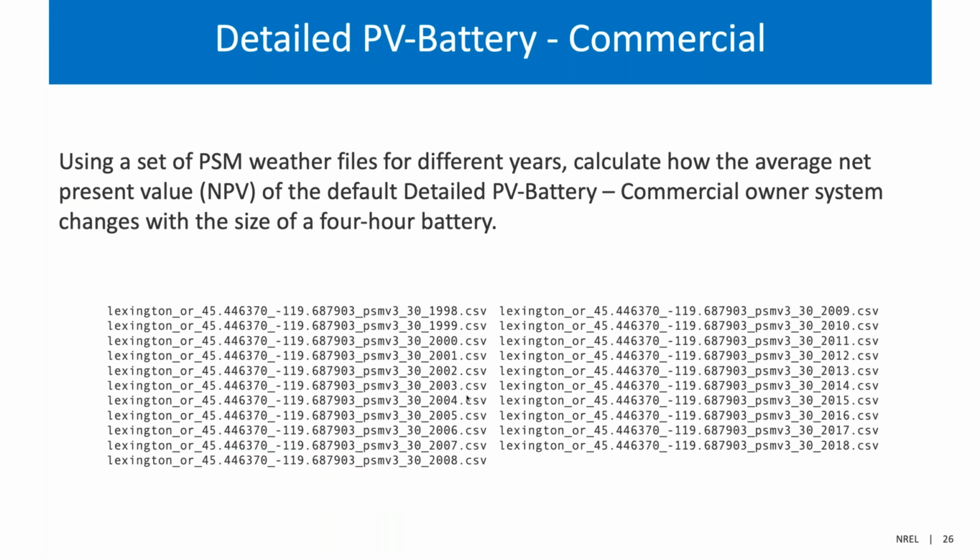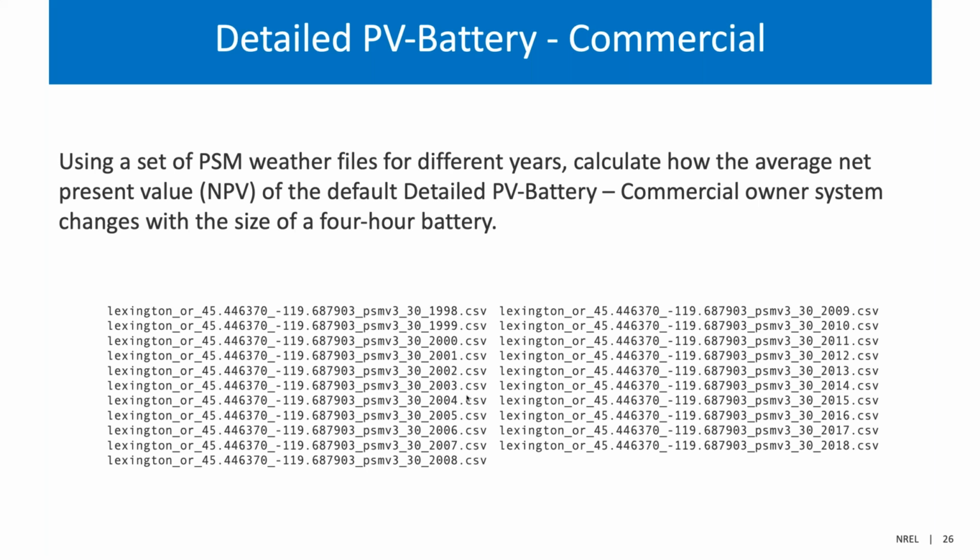Okay, so our example, we'll be working with the detailed PV battery and commercial owner case. And this problem is going to use a set of PSM weather files for different years and calculate how the average net present value of the default detailed PV battery commercial owner system changes with the size of a 4-hour battery.